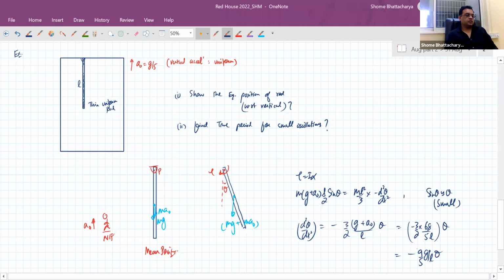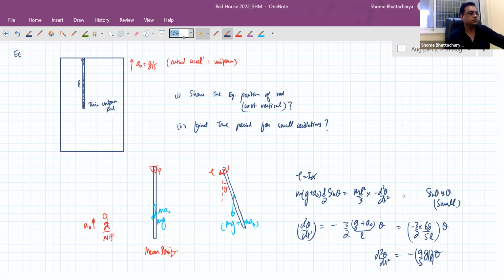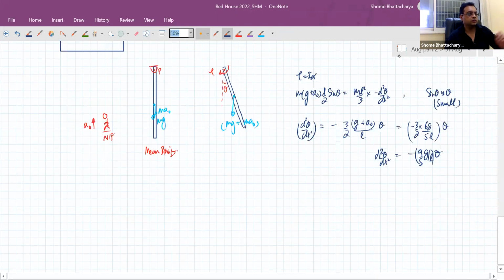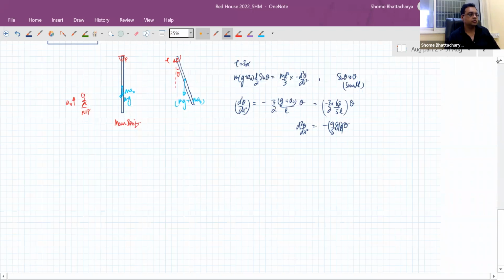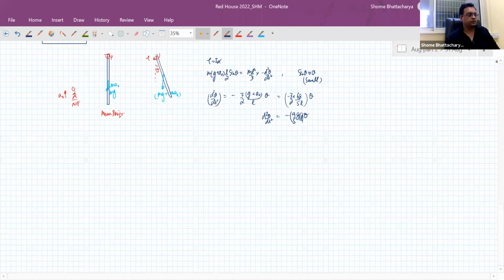So omega square is this. So the time period will accordingly come out to be different.